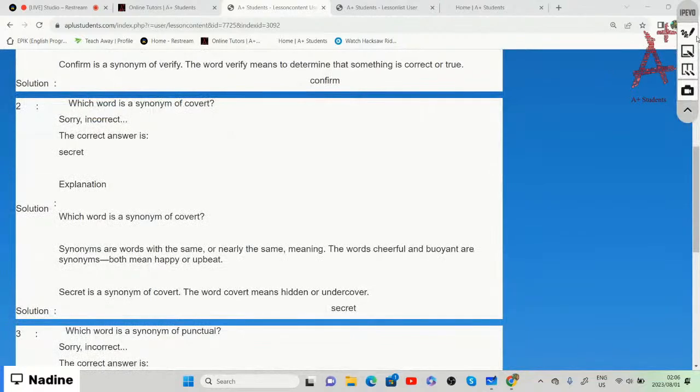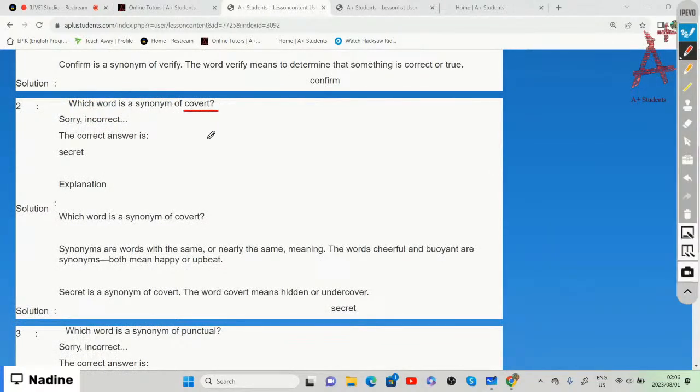Which word is the synonym of covered? The word that is similar to covered is secret. So secret is the synonym of covered, and the word covered means hidden or under cover.